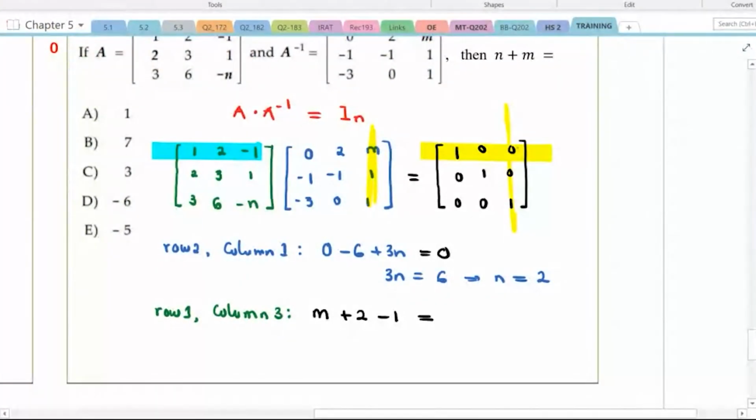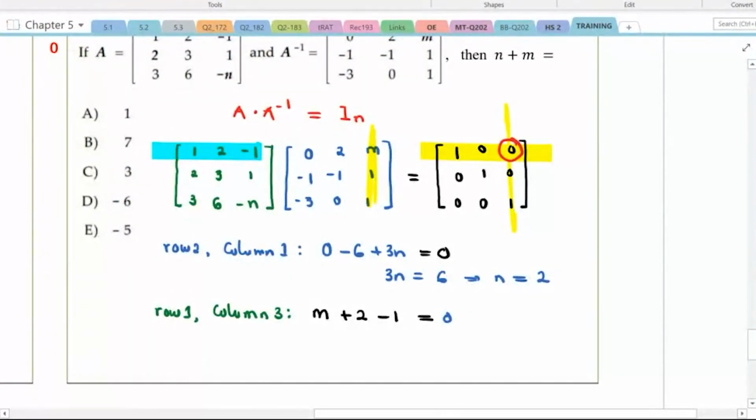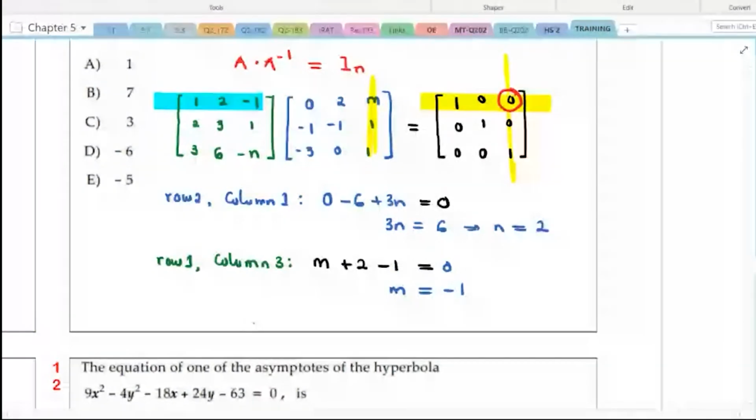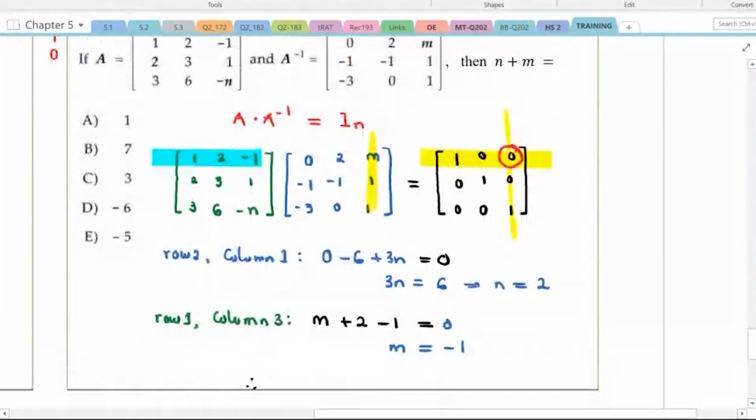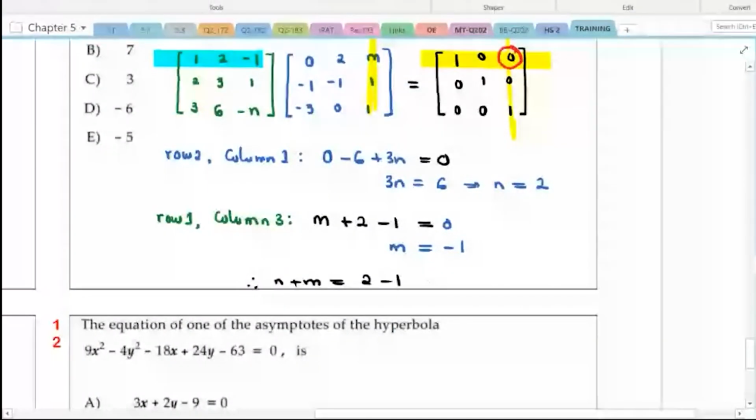Again, that will be equal to 0. Now we know this one here is going to be 1. So our m is going to be equal to minus 1. So what is the question saying? The question says find n plus m. Therefore, n plus m will be equal to 2 minus 1, which is equal to 1.